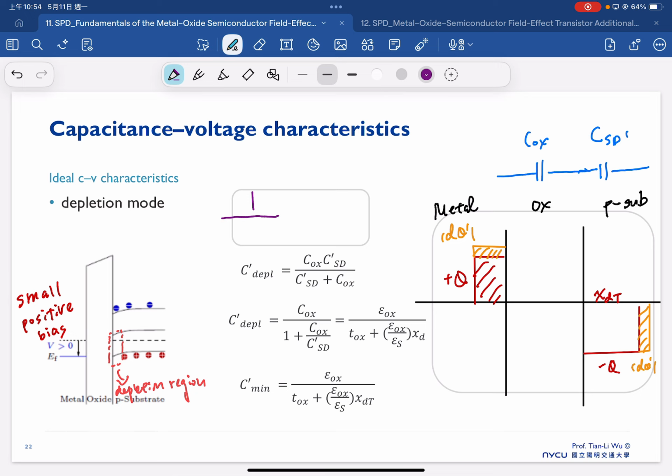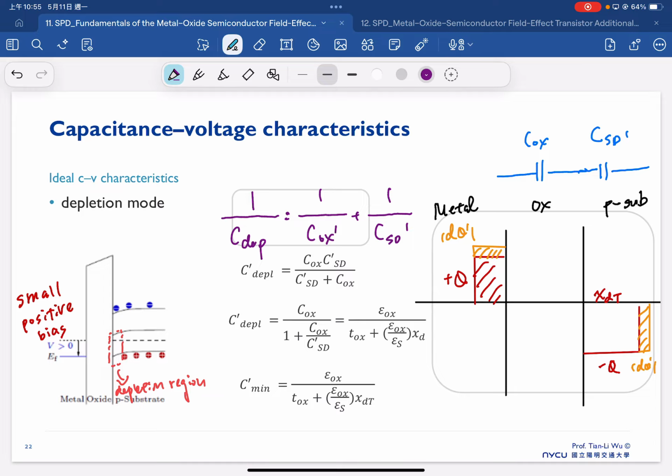This is the condition we call depletion, because now we are actually putting the P substrate into depletion, and it equals Cox in series with CSD.